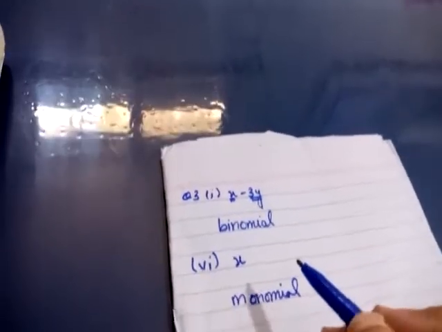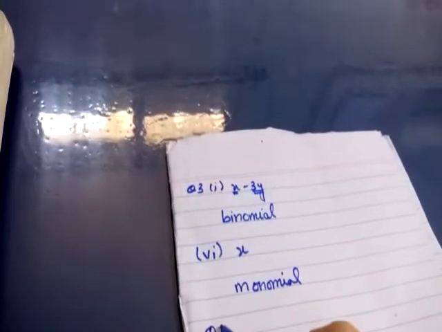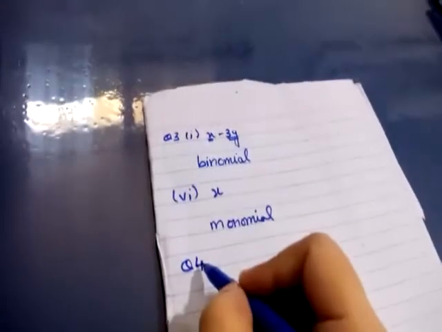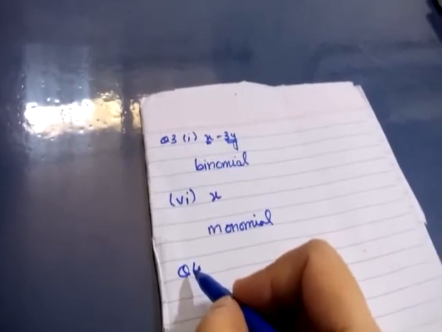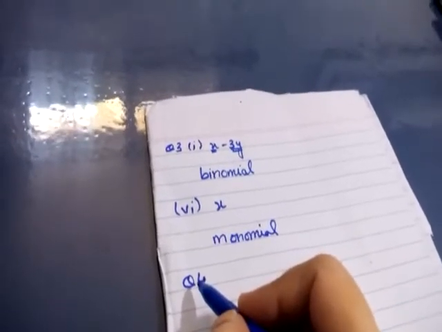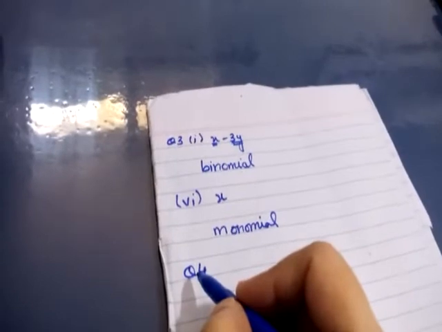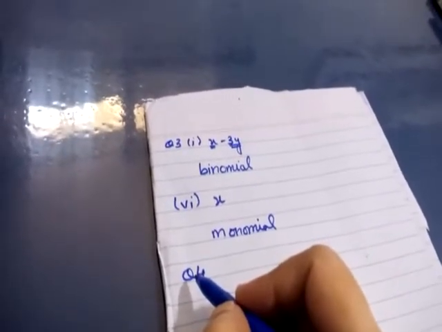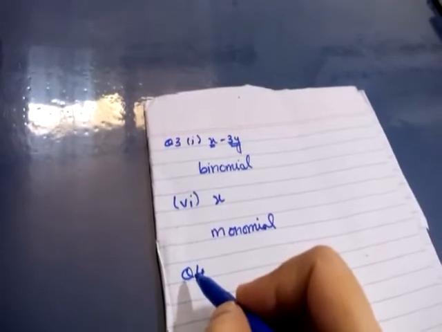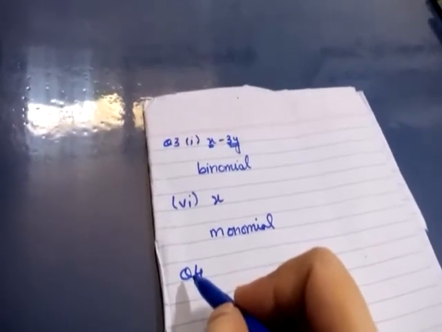Now we are going to discuss question number 4. In question number 4 we have to assign the degree of the polynomial. Again we have 9 parts in this question, and one by one we have to decide what the degree of the polynomial is here.